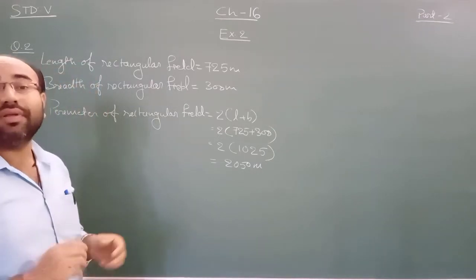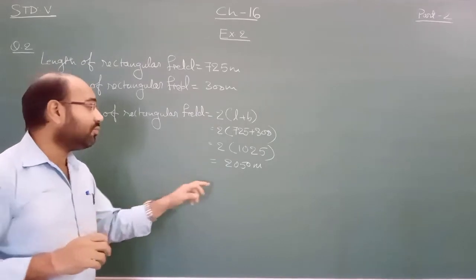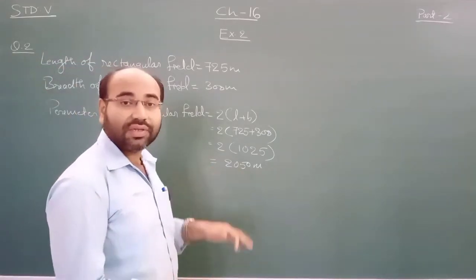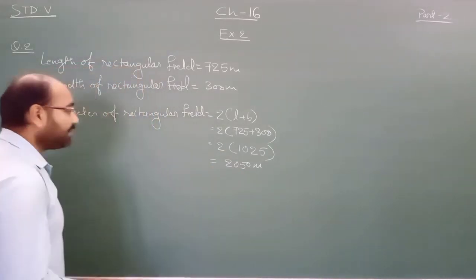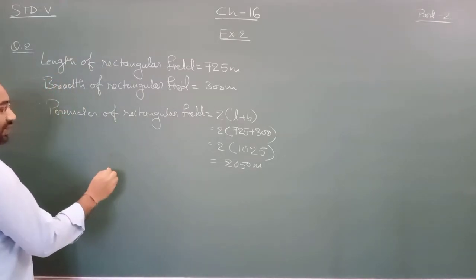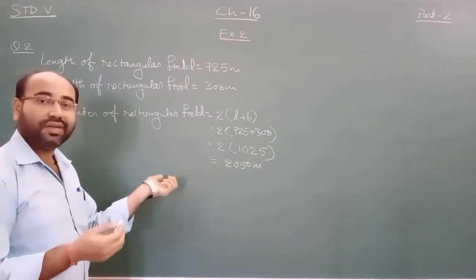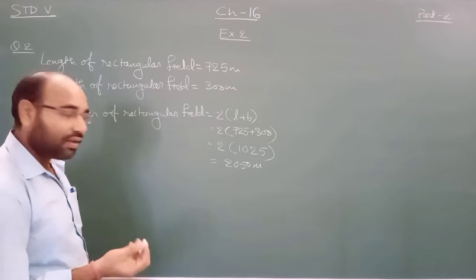So now in the question they want the perimeter in kilometer, but we got the answer in meter, so we'll change it into kilometer. As we know, 1 kilometer is equal to 1000 meter, but we have meter, we have to convert it into kilometer.